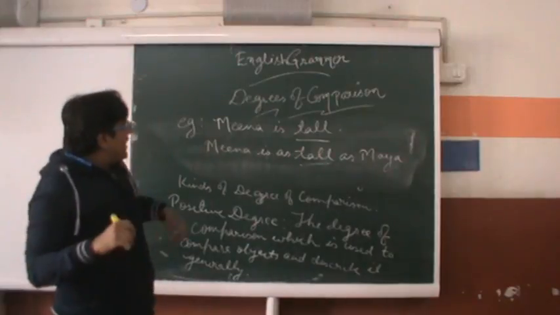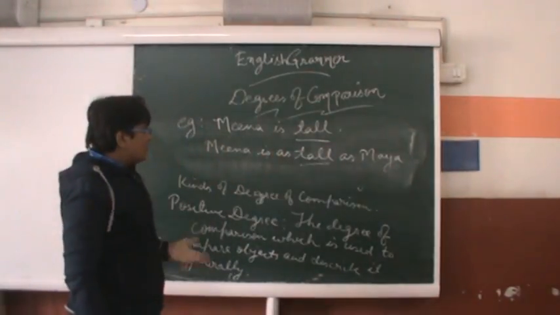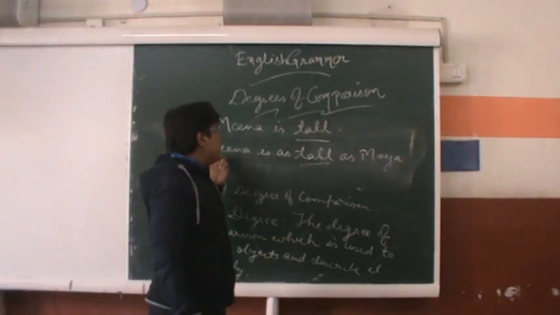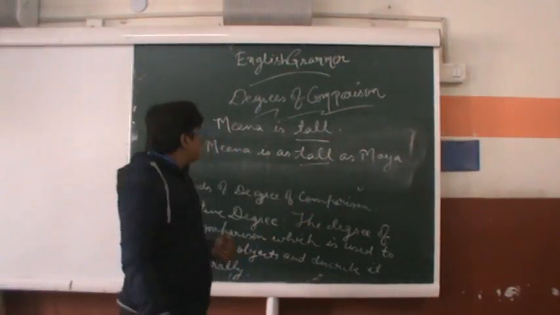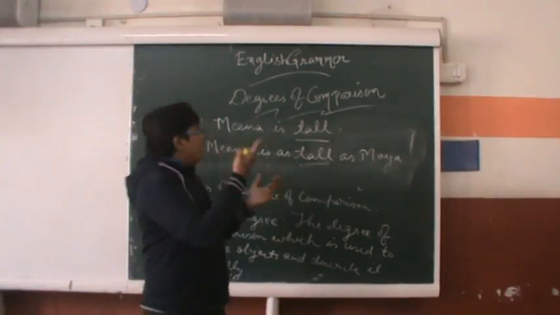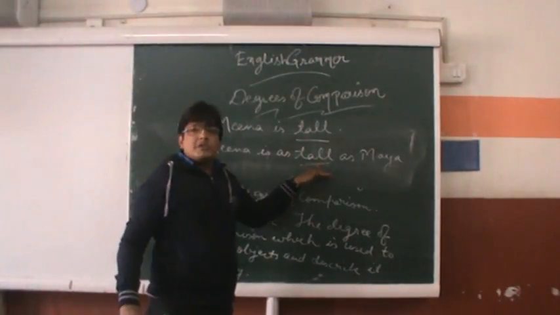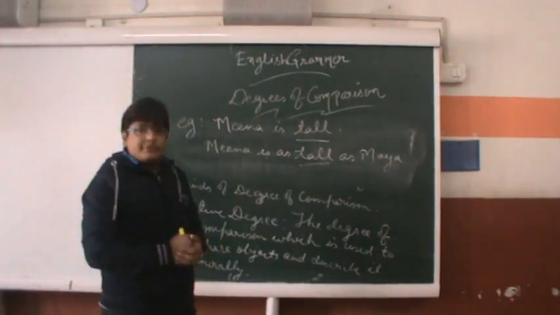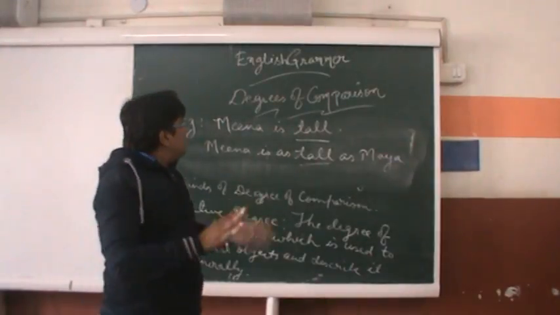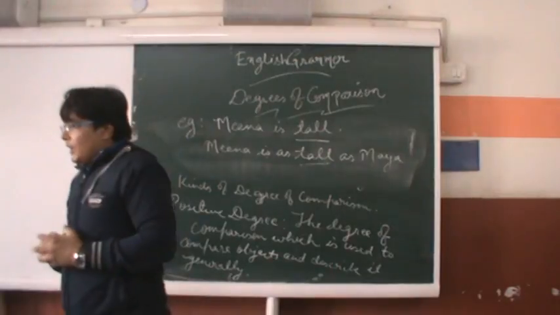Again, I have generally described Meena's height, and also I have compared the height of these two girls generally and called it similar through the positive degree of adjective. So I hope the positive degree of adjective is clear to you.